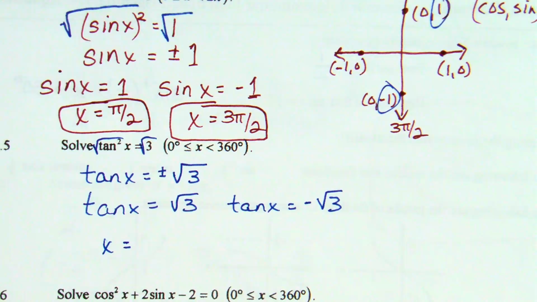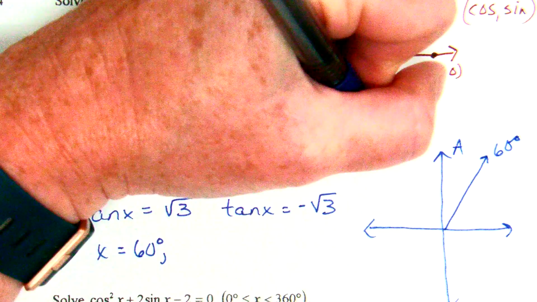Do you guys need the visual? I'm going to draw it whether you want it or not. So there's my 60 degrees. What other quadrant do I need for positive square root of 3? All students take calculus.